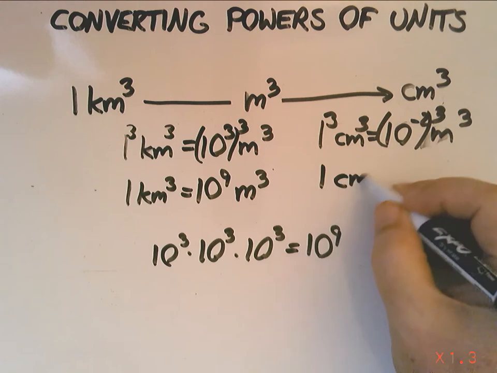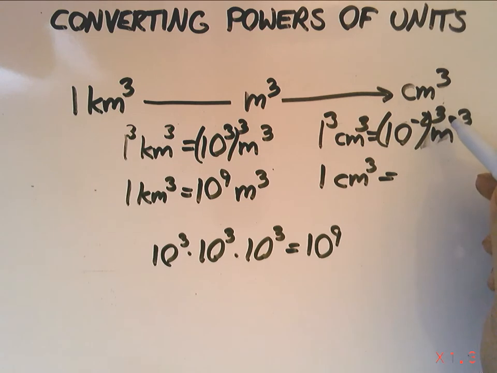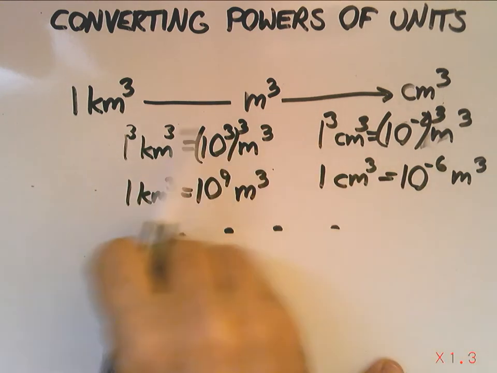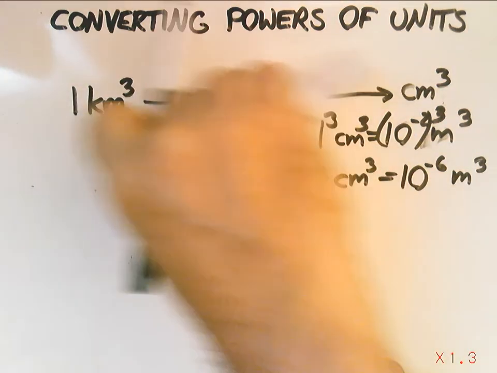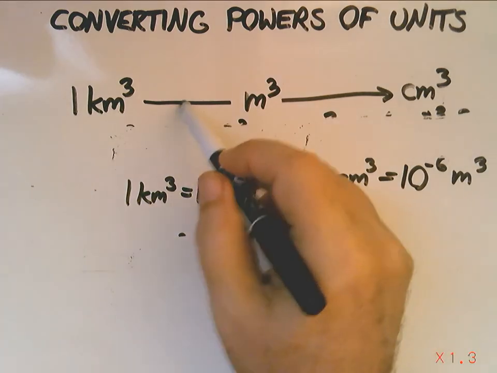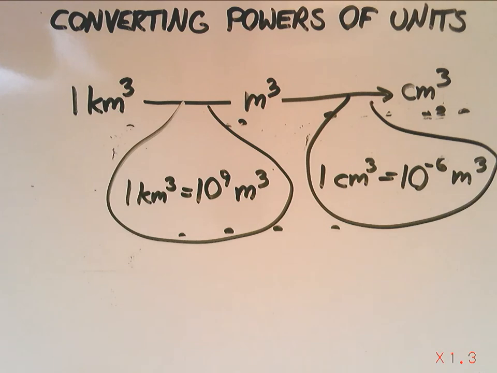And so I've got 1 cubic centimeter is 10 to the minus 2 times 10 to the minus 2 times 10 to the minus 2. What's that going to be? Just add the exponents up. 10 to the minus 6. So, let me erase some of the junk on here. This is my link here, and this is my link here.